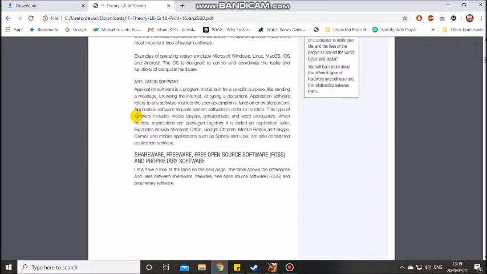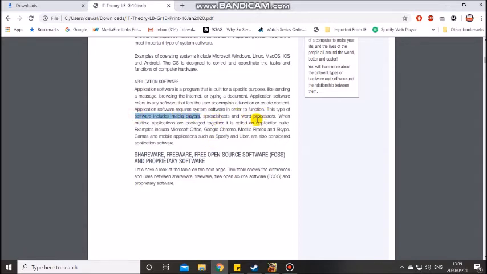Then we get application software, which is basically programs that are built for a specific purpose, like browsing the internet, typing a document, etc. Application software refers to any software that lets the user accomplish a function or create content. That would be something like Microsoft Word, where you can type out an assignment or a document and then save it.